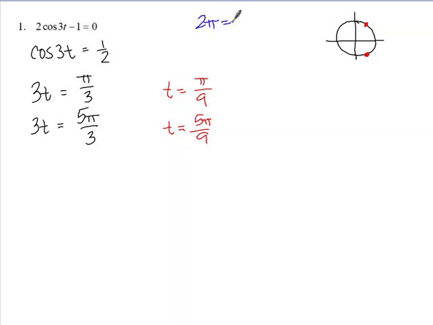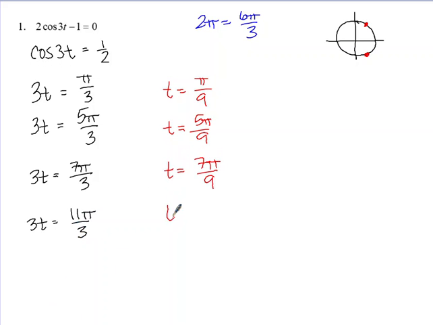And 2 pi is 6 pi over 3. So I'm going to add 6 pi over 3 to both of these. And if I solve these, I have 7 pi over 9 and 11 pi over 9.